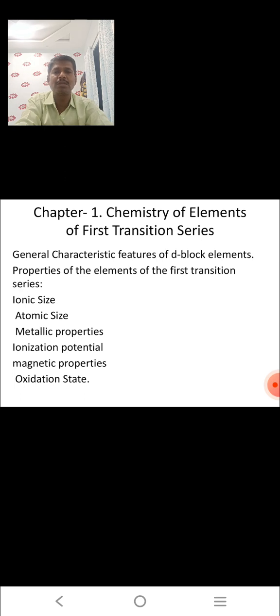The next thing is magnetic property. Under this heading, we will discuss what is meant by magnetic property, paramagnetism, diamagnetism, and ferromagnetism.